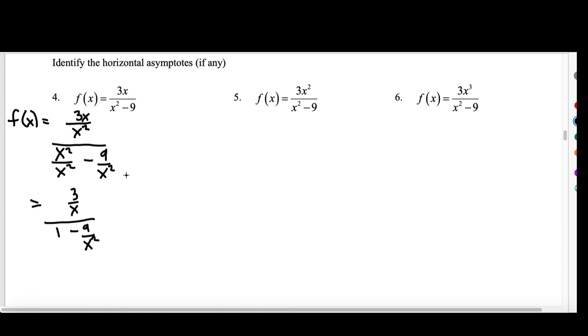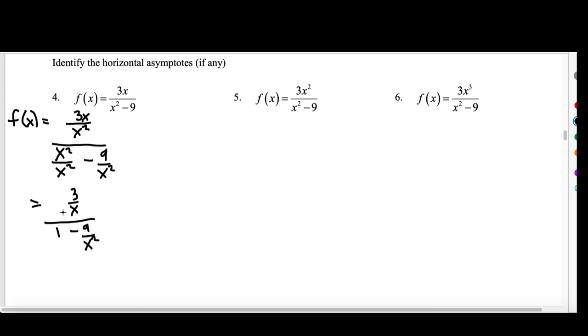So let's focus on the numerator here. 3 over x. As x goes to infinity, x is getting bigger and bigger, and 3 over x is getting smaller and smaller, closer and closer to 0. It will never quite get there, but it will get really, really close.